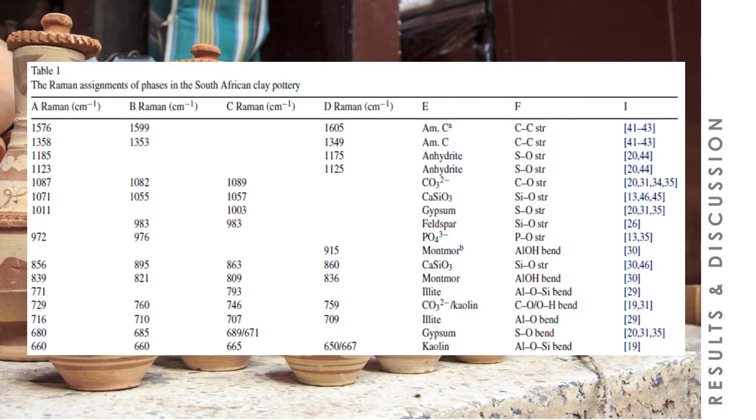Meanwhile, the presence of montmorillonite clay mineral is relevant to the bands around 310 and 830 cm to the -1. Hence, the firing temperature of below 850 degrees Celsius is confirmed due to the presence of these clay minerals, since they are known to initially break down at around 850 degrees Celsius.